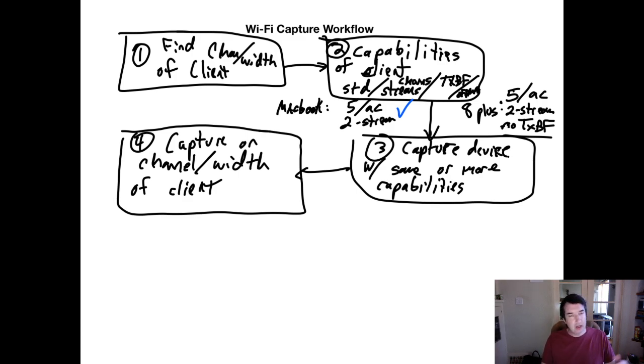We saw, currently my client device is on channel 149 with the 80 megahertz width. We saw with the restaurant capture that I did last week, the access points in that restaurant that I was connecting to were on channel 52 with the 40 megahertz width, a little bit of a narrower width.